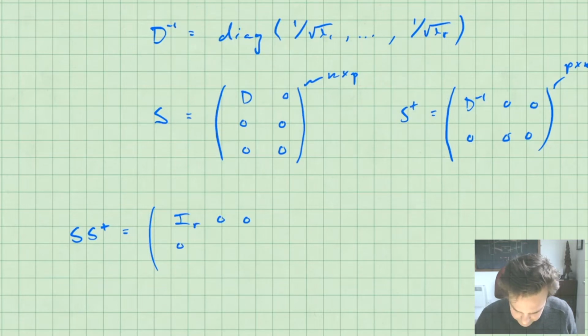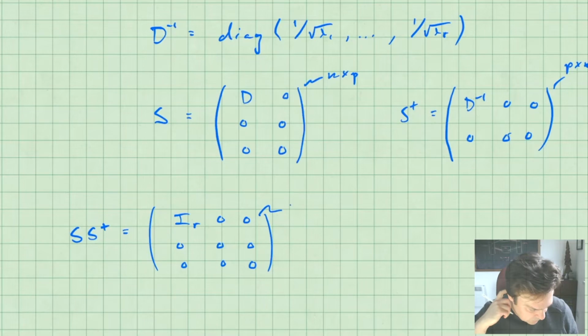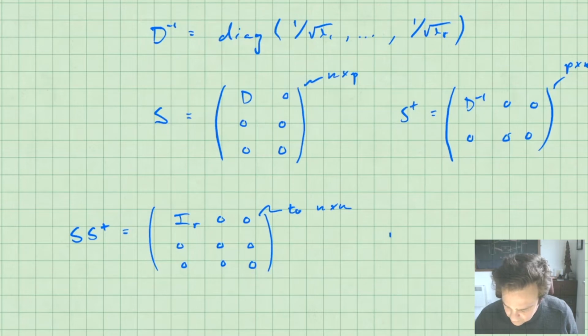So I'll just fill it in like this, to n by n, where I_r is diagonal with r times r of these guys.